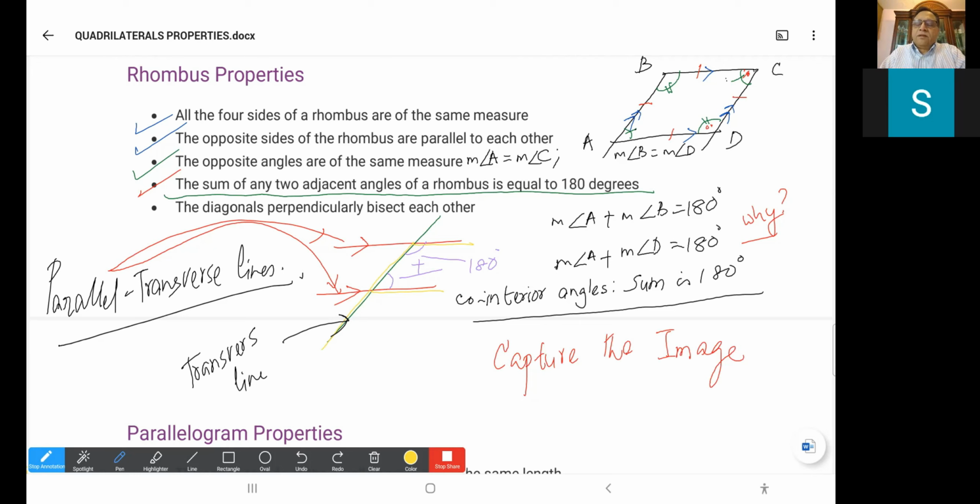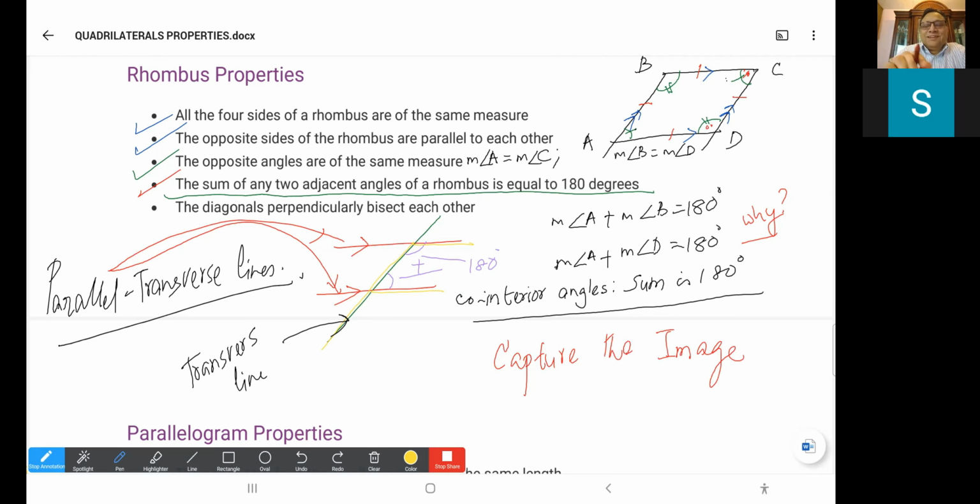Is it okay? Now you tell me, is a rectangle a rhombus? No. Is a square a rhombus? Yes, you're right.